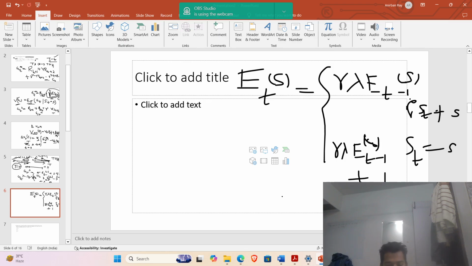So you extend it up by 1. For S_t equal to s, this is called accumulating traces.